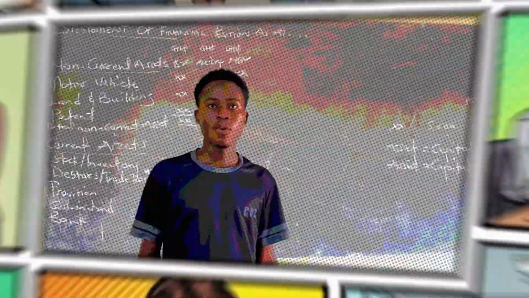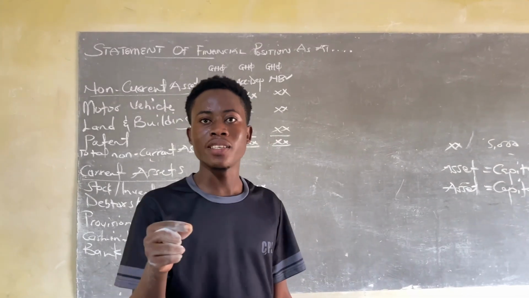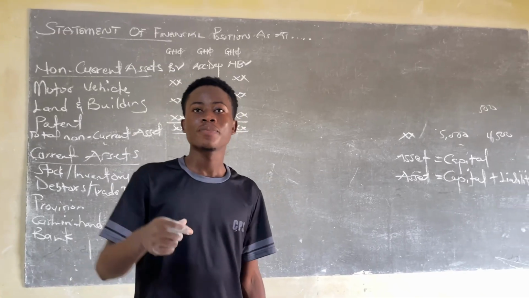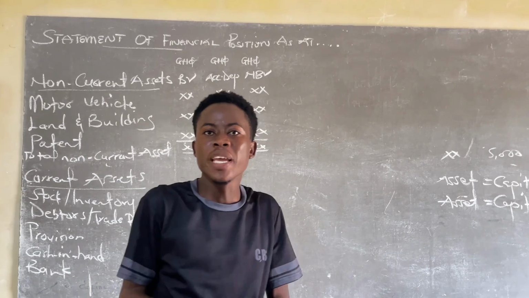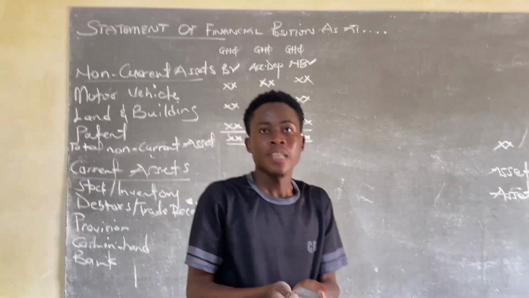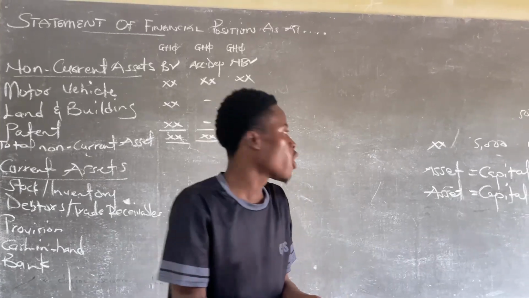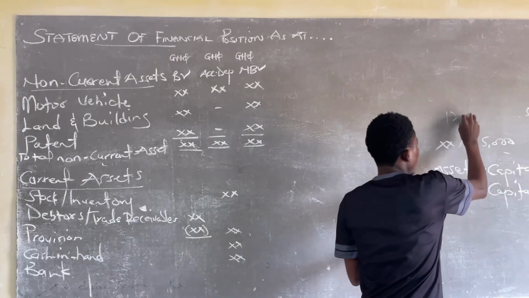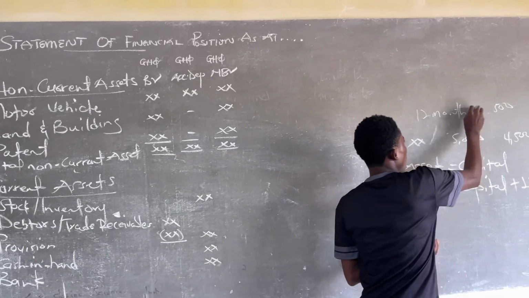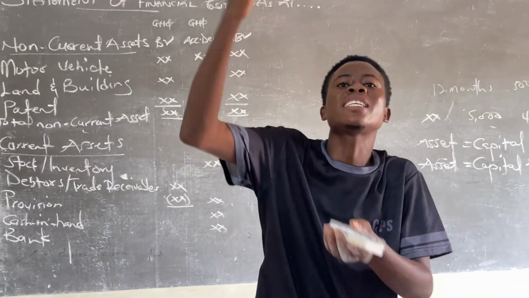And then viewers, we have something we also call prepaid. It's an amount of money paid ahead, but has not been used. So let's say an organization rents a premise for one accounting year, which is 12 months. But the amount they are supposed to pay, they paid in advance.